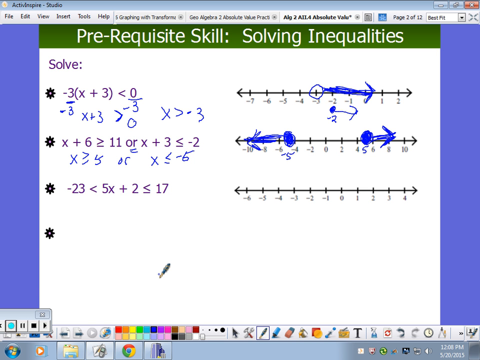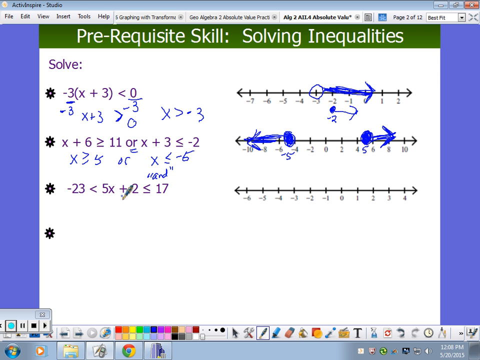Let's look at this guy here. Now, I don't know if you've seen this before. We've seen it a little bit. We used it when we looked at triangle sides, right? This is called a compound statement. You notice how this is an OR? This is an AND. So when you're done, it has to be true at the same time. And I'll show you what I mean. You're basically going to solve these at the same time.